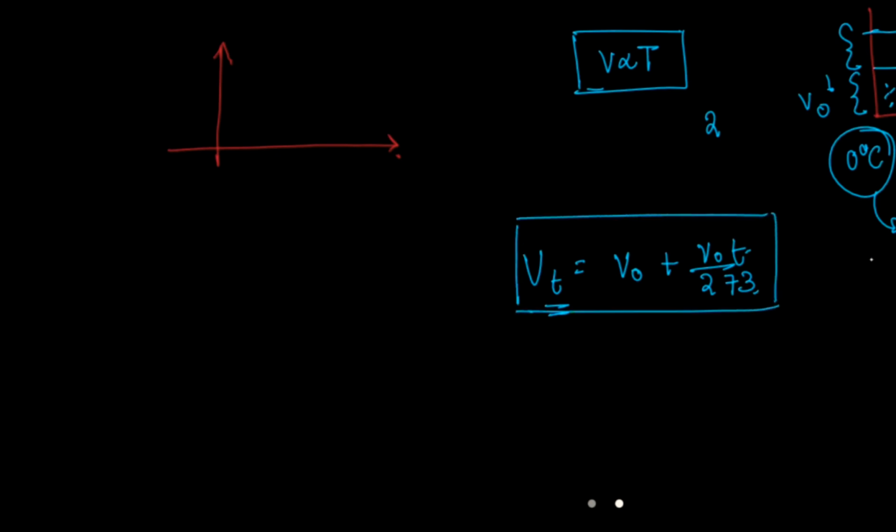Now this expression can also be written in terms of Kelvin temperature. Right now you can see the small t, which means this is the Celsius scale. So you can take it to the Kelvin scale as well. So how can you find out the volume? What you have to do is, Vt equals to, take a common, V naught into 1 plus T by 273.